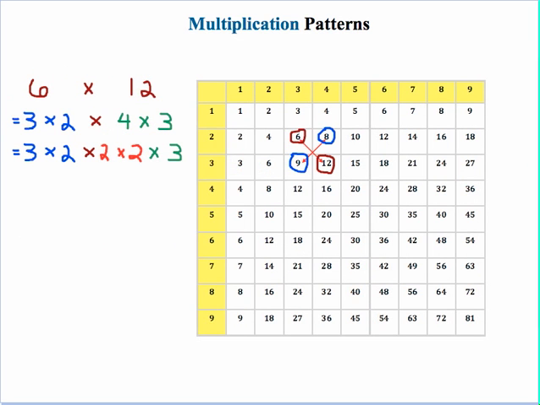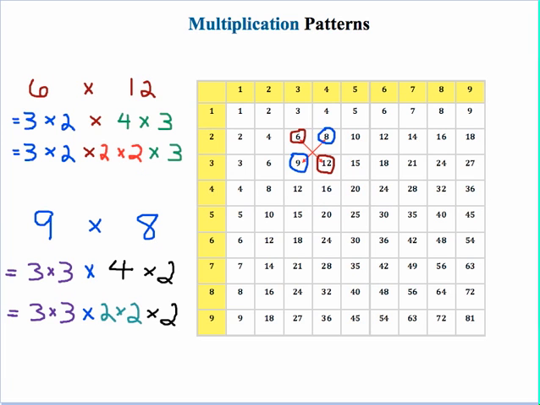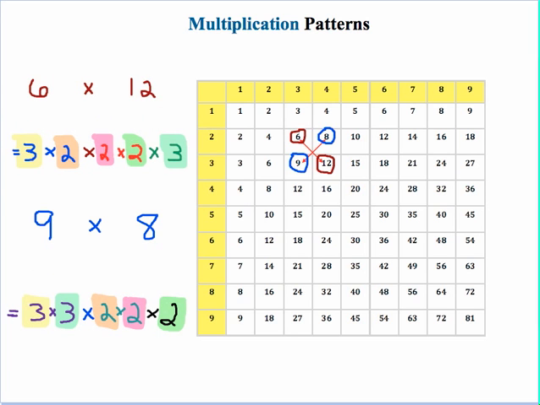If we look at another possibility like 6 times 12 and 9 times 8. If we break down the 6 times 12, this is what we get. If we break down the 9 times 8, this is what we get. And again, notice the pattern. We can match them all up, so in essence we have the same factors for both cases.